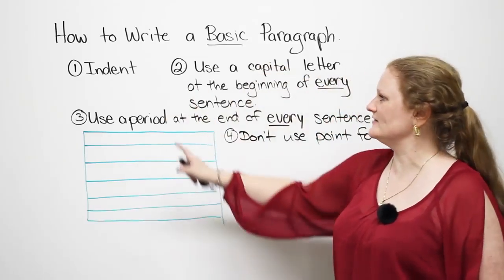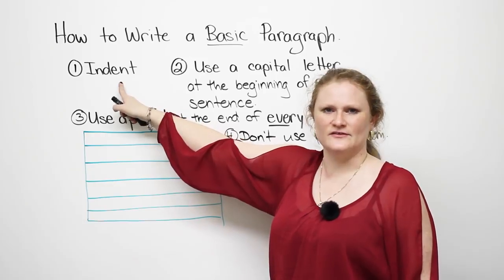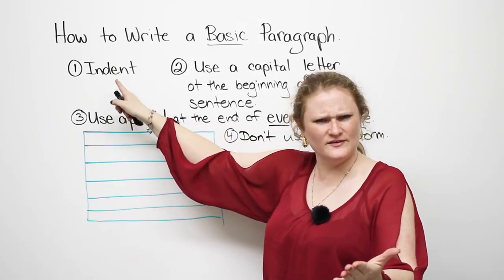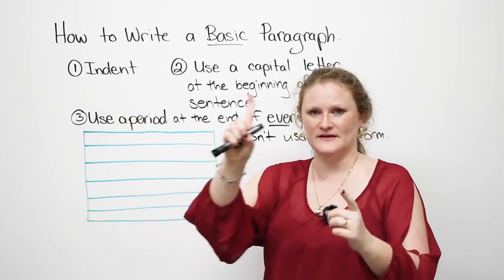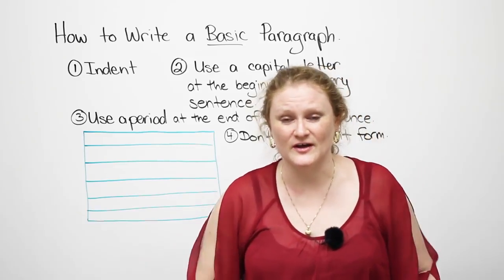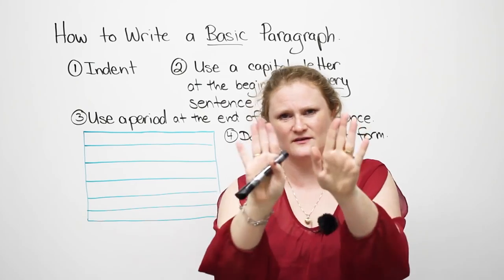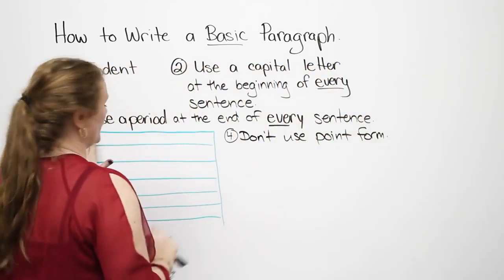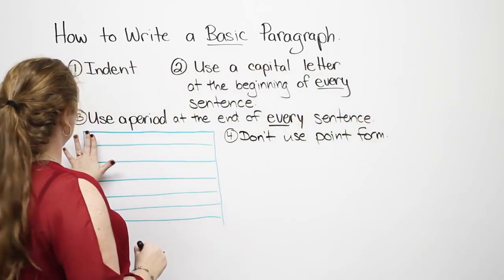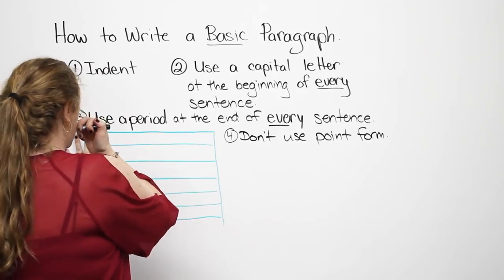Rule number 1 is indent. Indent. What does indent mean? Indent basically means, I learned this when I was a child. You take your finger. You can have a big finger, a small finger. I don't care. You take your finger, or 2 fingers, and you make a little space.